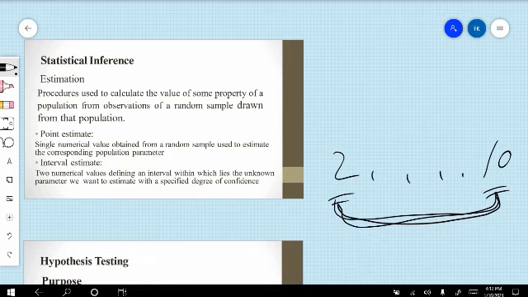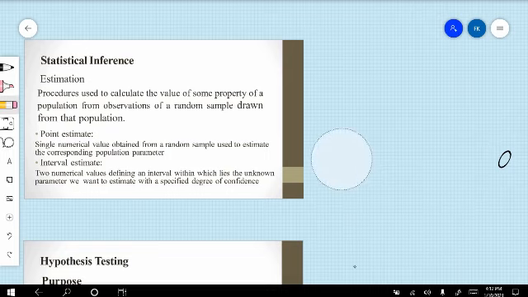And usually we use a specified degree of confidence, usually 95%. And when talking about this, we say we are 95% confident that the population parameter, the mean of the population, lies within the confidence interval, or within this range of values.